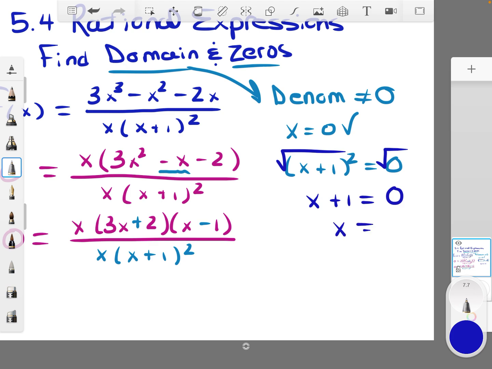Subtract 1 from both sides, x equals negative 1. So both of these values are in my domain error. So my solution would be all x values are real numbers, except x does not equal 0 and negative 1.